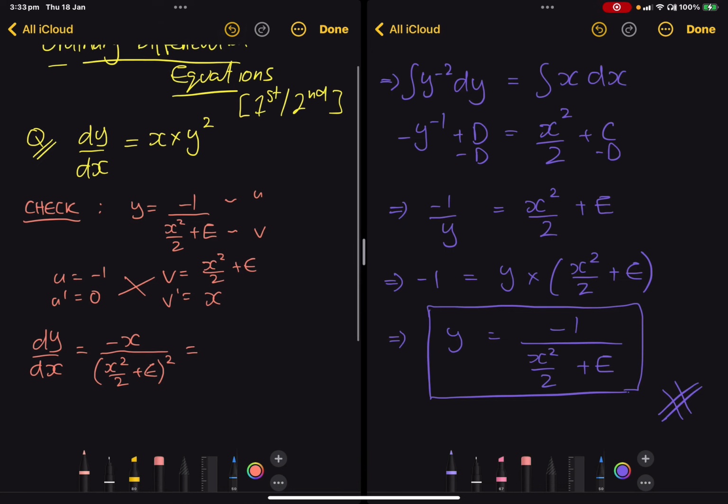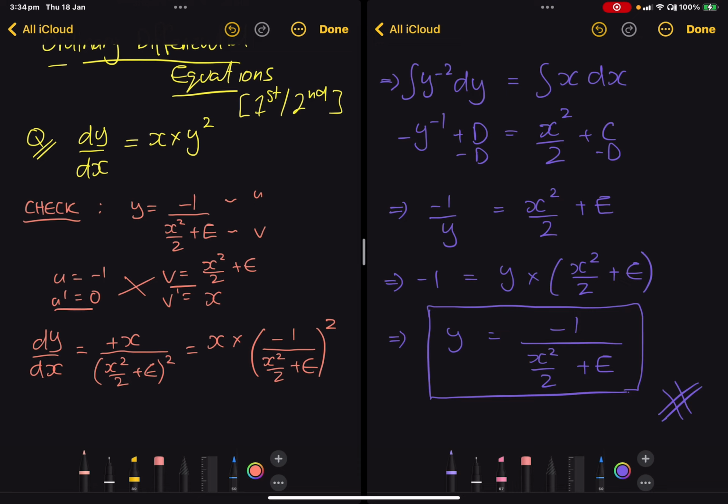And this is in fact equal to, this is a plus, sorry, this is u prime times v minus u times v prime, so minus 1 times x gives us a plus x in the numerator. This is equal to x times -1 on x squared over 2 plus e, all squared.